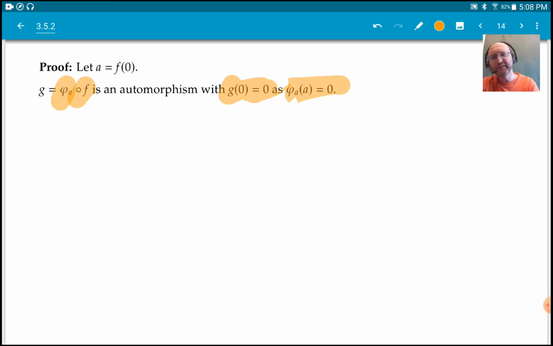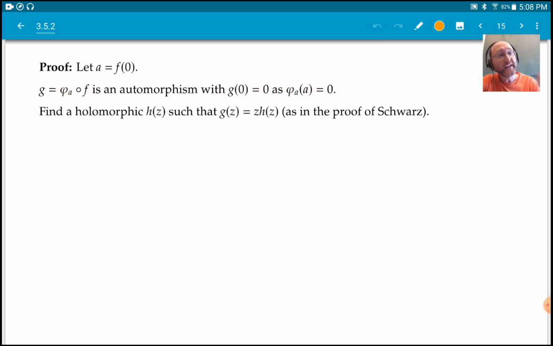We know that phi sub A is an automorphism. We know that f is an automorphism. Composing two automorphisms gives us an automorphism, right? Still bijective, still has a holomorphic inverse. So now, just like in the proof of Schwarz, and this is something that we'll keep doing over and over, we can divide out this 0 at the origin.